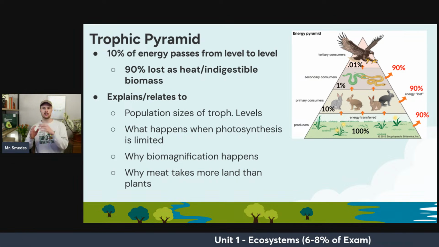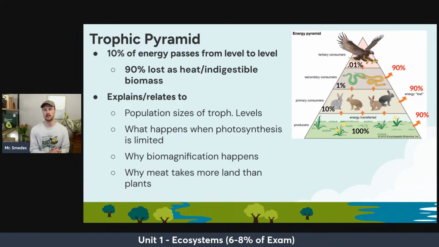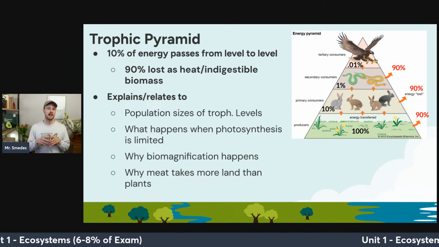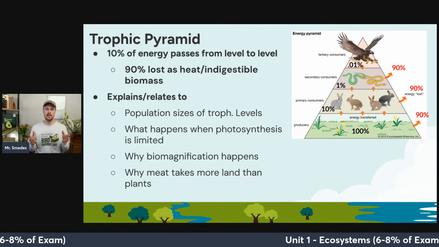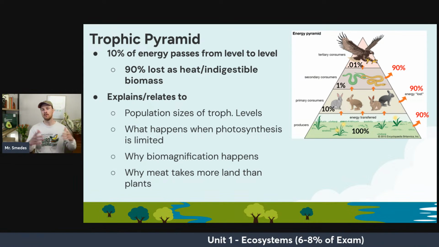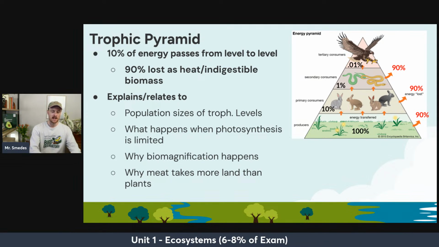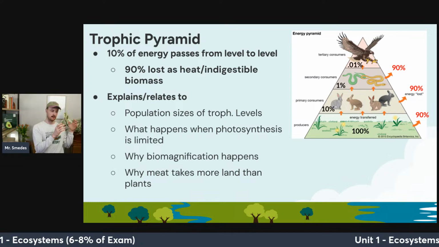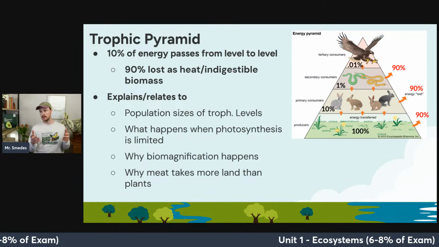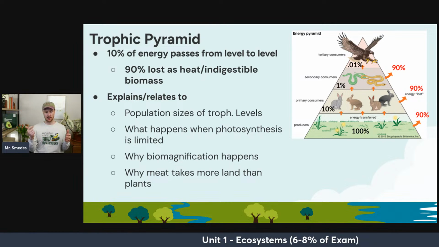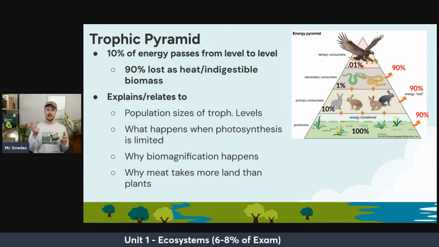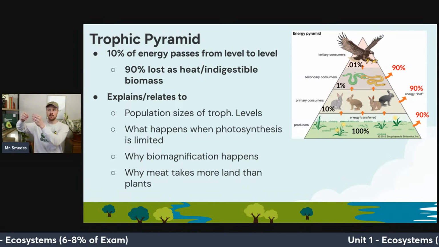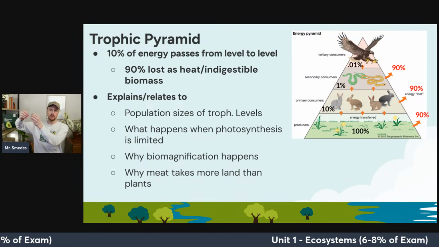So the reason this is so important is it comes up on FRQs. Right? So we might say, why can there only be a few eagles in a really large forest? And the answer is, if the eagles are eating snakes and the snakes are eating rabbits and the rabbits are eating producers, we need 10 times, 100 times, 1,000 times as much plant biomass per unit of tertiary consumer food.